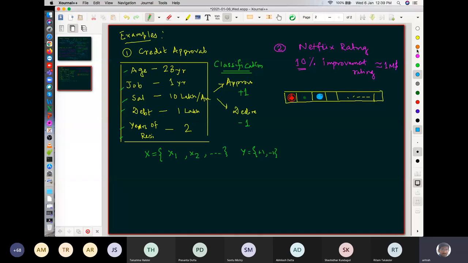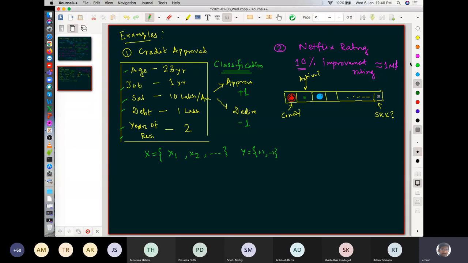So what I want to say is that every movie has certain features: whether it's a comedy, whether it has action, even whether Shah Rukh Khan is participating in the movie or not. How much screen presence does Shah Rukh Khan have, depending on the duration of the movie? Let's say he has half of the screen presence.